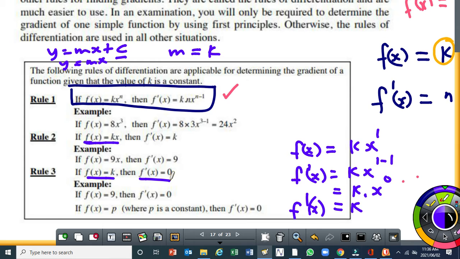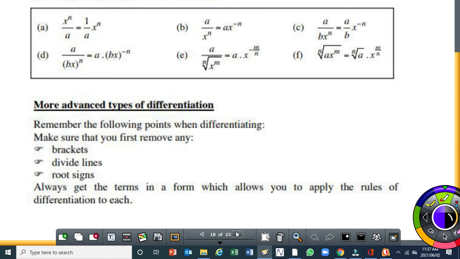If you remember my first lesson, when I told you what differential calculus is all about, I told you it's about finding gradients for functions. It's very important for you to understand that from the beginning. Then there are some concepts that you are expected to know with regard to exponents.